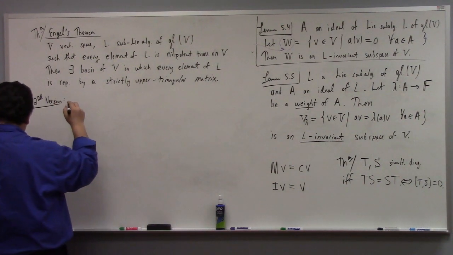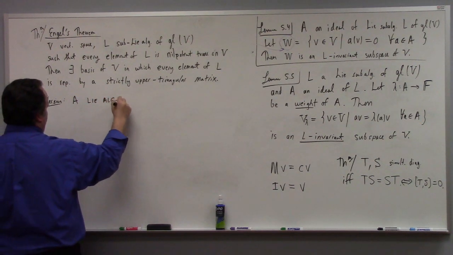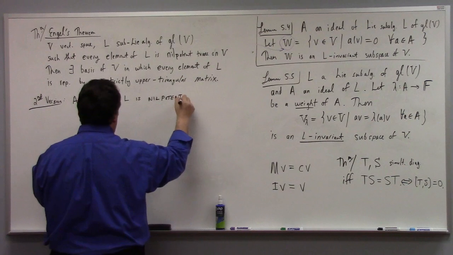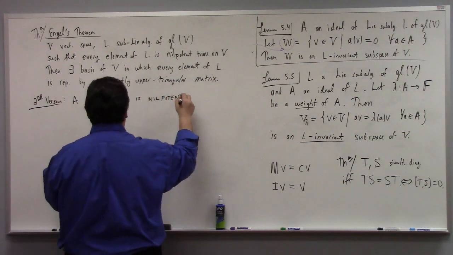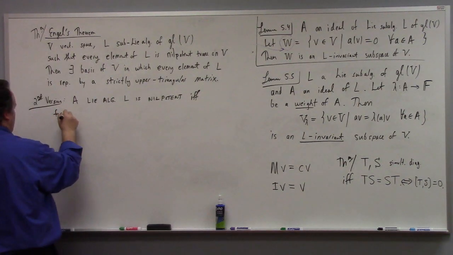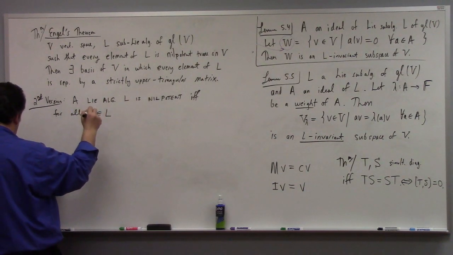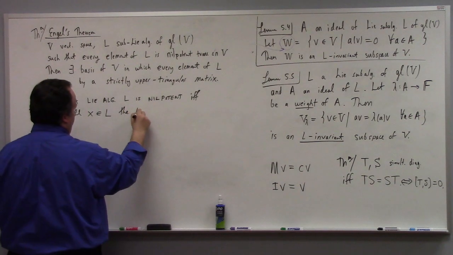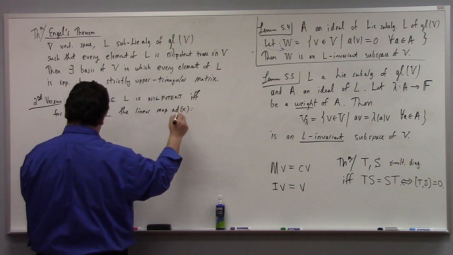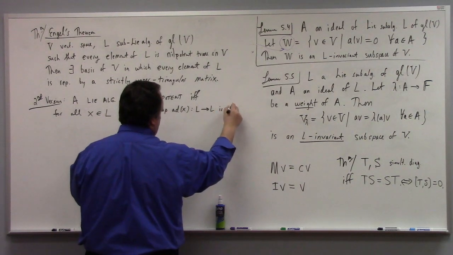So the second version is this. A Lie algebra L is nilpotent if and only if for all x in L the linear map ad x from L to L is nilpotent.